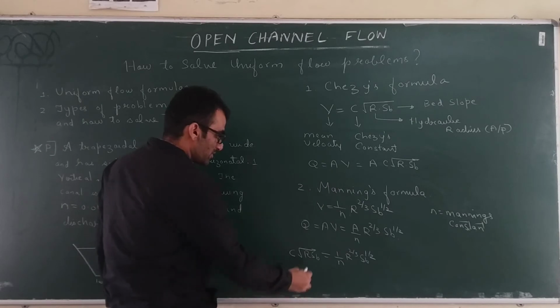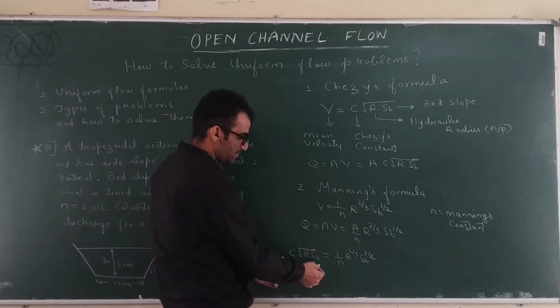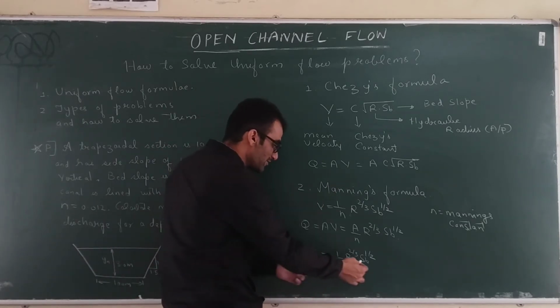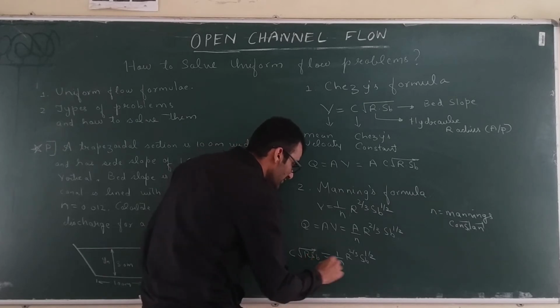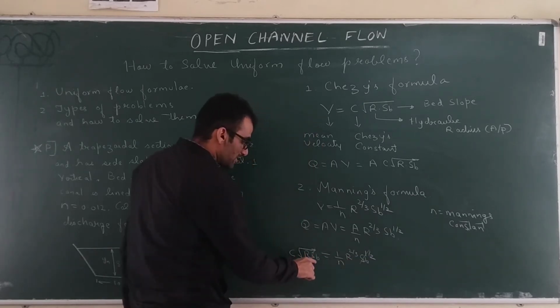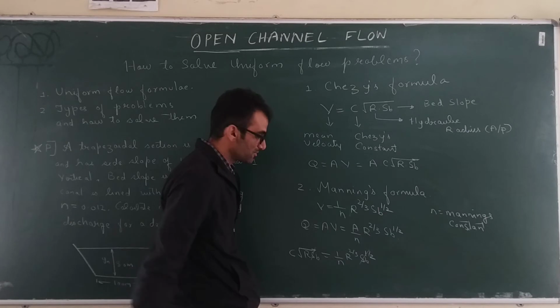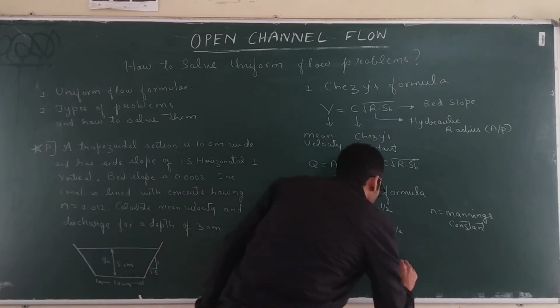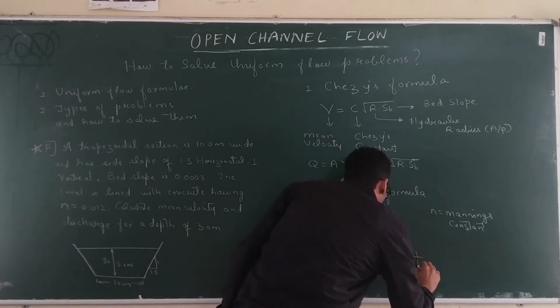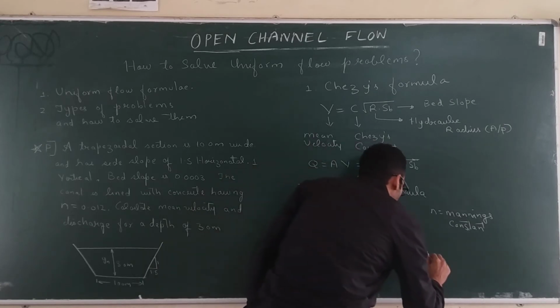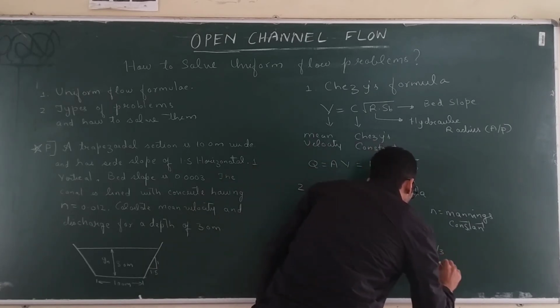Now here SB will get cancelled, because root SB is nothing but SB to the power 1 by 2. It's one and the same thing. So we are getting C is equal to 1 by N R to the power 2 by 3 upon R to the power 1 by 2.